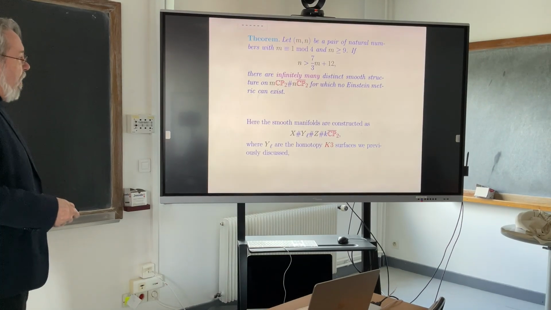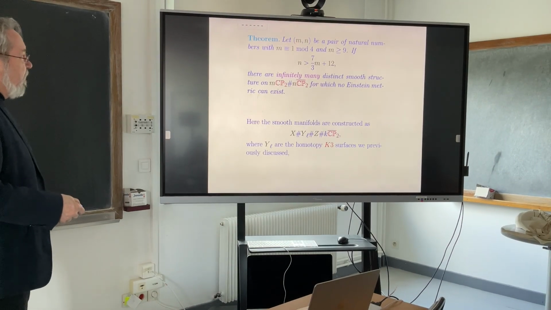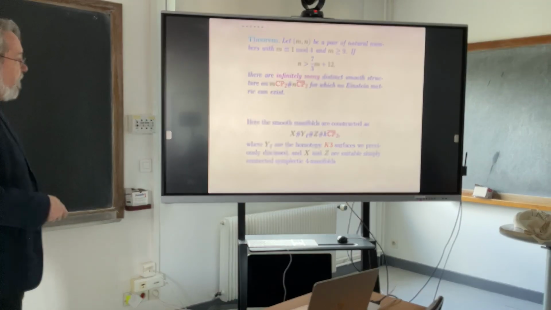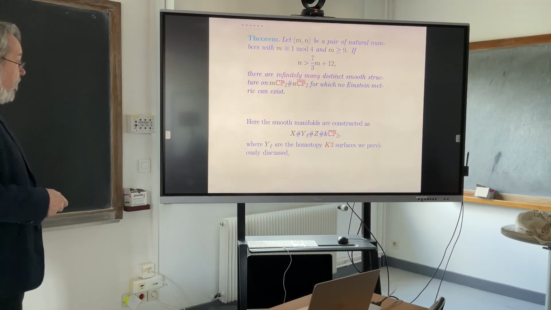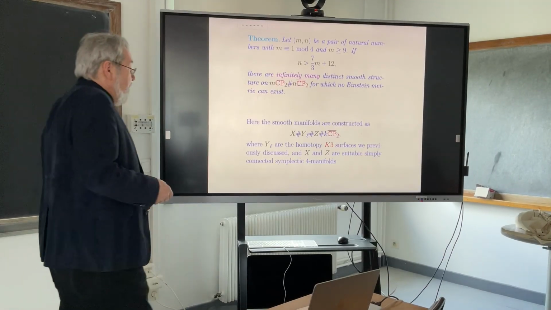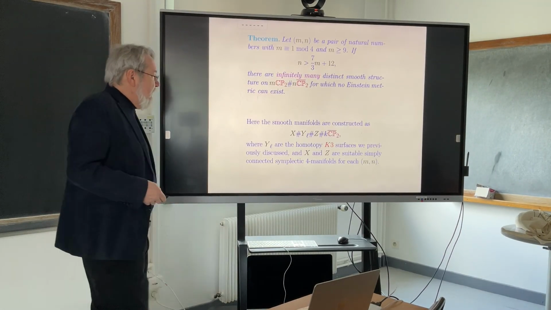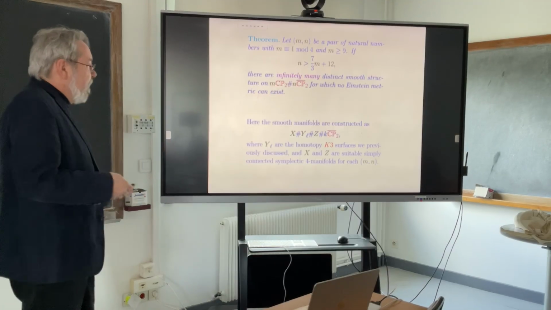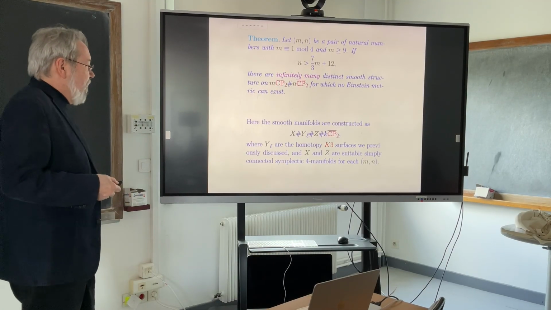The X and the Y and this number K are just numbers that are determined by the pair M and N. So given an M and N, there's a recipe, which I won't bother to write out for you.